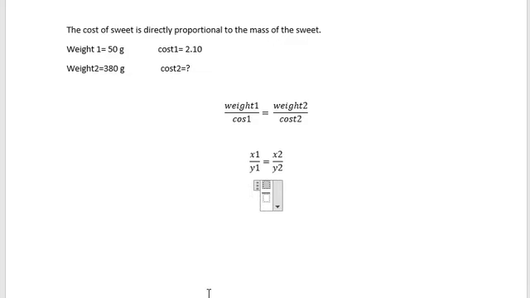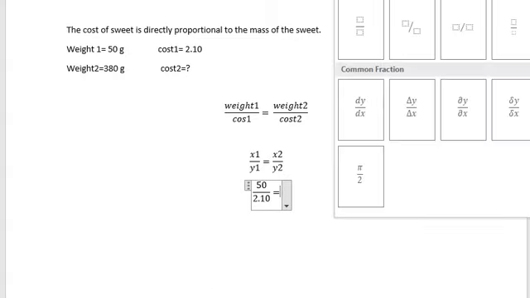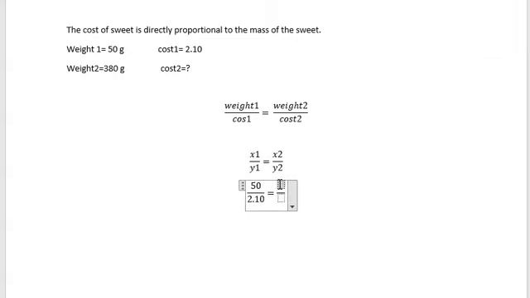Instead of x1 we can write 50, and y1 is 2.10. Instead of x2 we write weight 380 grams, and cost 2 is what you have to find. Now solve the equation.